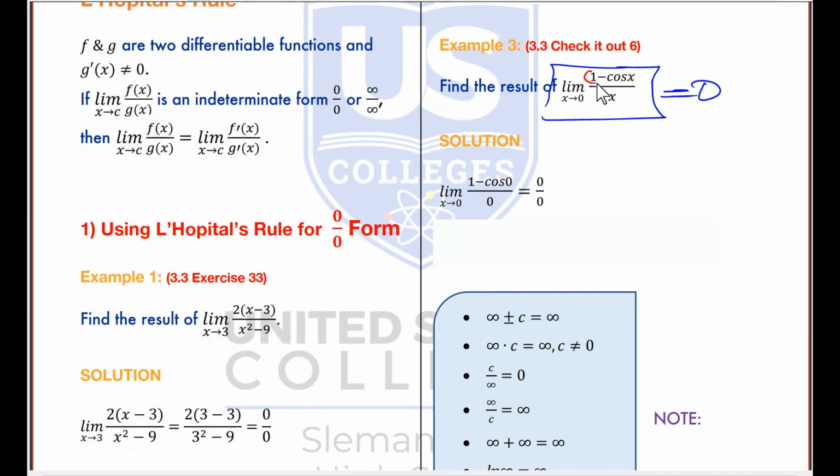We take the derivative of top, the derivative of bottom separately, and equalize this to the limit as x approaches 0 of the derivative of top, which is the derivative of cosine, minus sine, minus minus becomes plus sine, over the derivative of x, which is 1. Now substitute 0 for x, it's going to give you 0, since sine 0 is 0. So that's my answer.